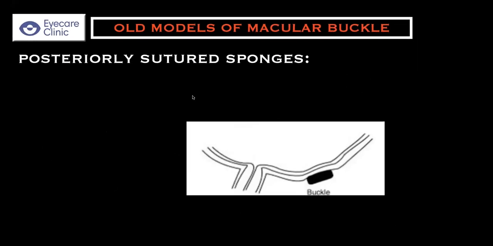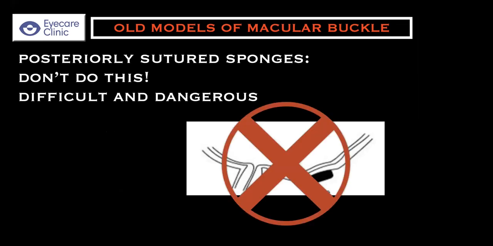In fact, the first buckles were sponges that were sutured behind the macula. This is why everybody abandoned the technique, because it was too difficult and too dangerous. You had to cut the muscle, turn the eye, place the sponge behind the macula and suture there, with the high risk of penetrating the eye and creating major complications.